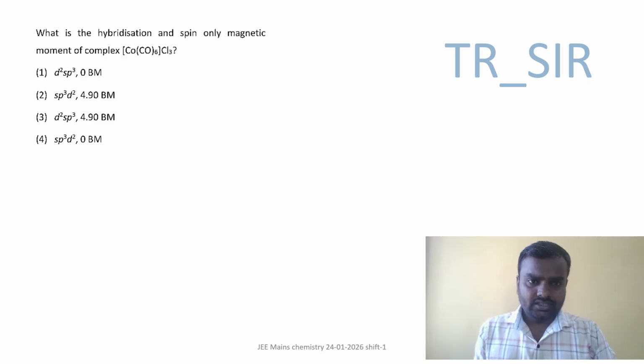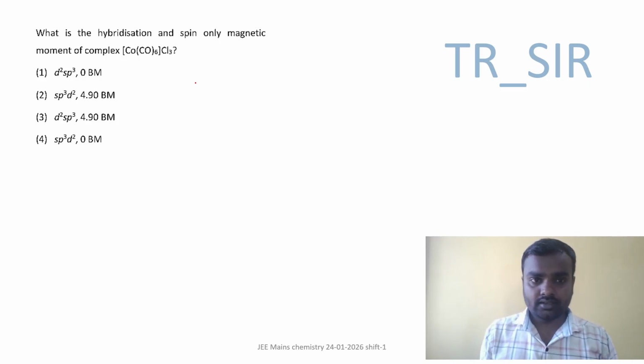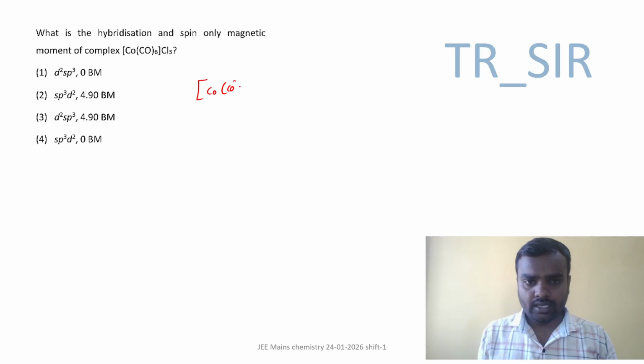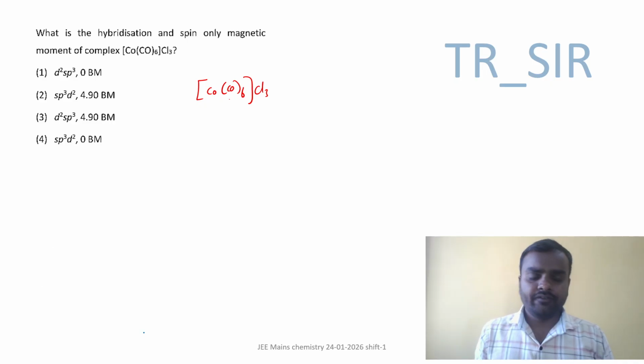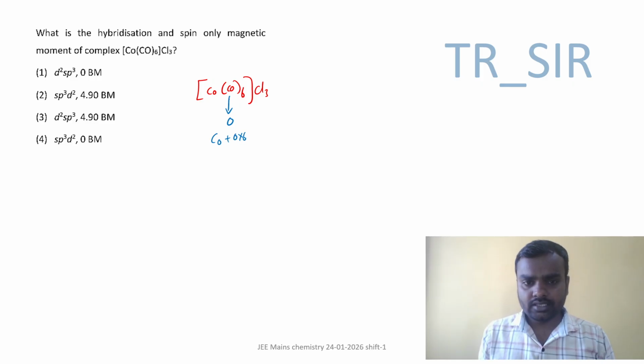Next, what is the hybridization and spin-only magnetic moment of a complex? The complex given is cobalt, carbonyl 6, Cl3. The ligand has zero charge. To find the oxidation state, the total charge is zero, so cobalt plus 0 into 6 minus 3 equals 0. Why minus 3?